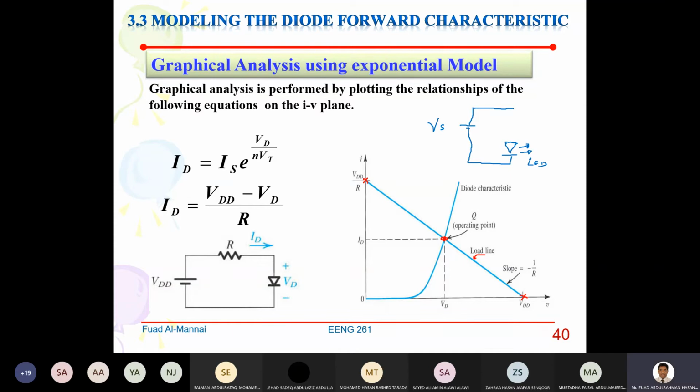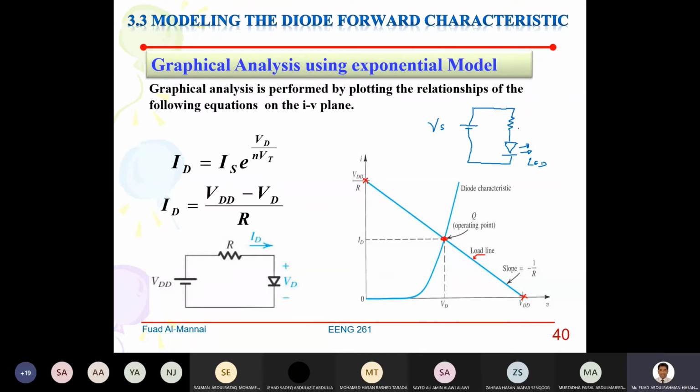If you connect it directly to the supply voltage, there will be a huge current flowing through it, and because of that huge current, the diode will burn. Your LED will go off, and you'll say, oh, what happened? It's because you didn't put a limiting resistor. So you have to put a limiting resistor R.